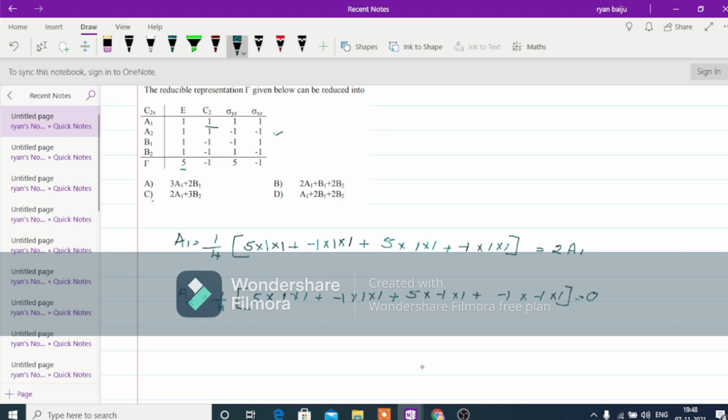The next I am going to consider the B1. B1 is equal to 1 by 4.